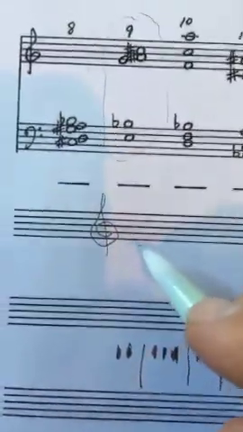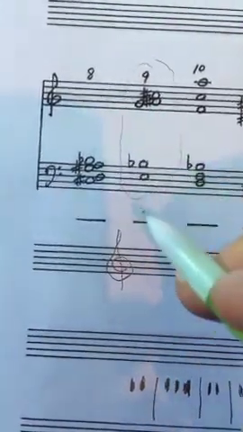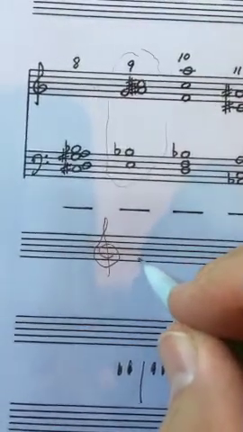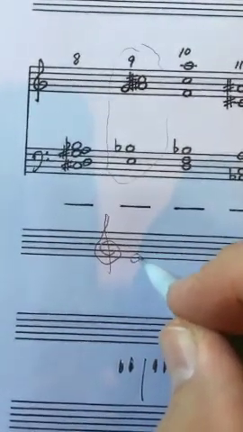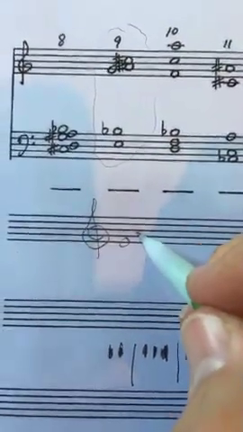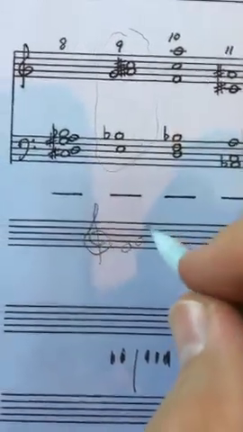You know what, I'm just going to write a treble clef because I'm going to rewrite these pitch classes. It doesn't matter what octave placement they're in, and this will help me. Let's just write them in the order they appear. We'll start with E. The next one up is a G, A sharp, C sharp.